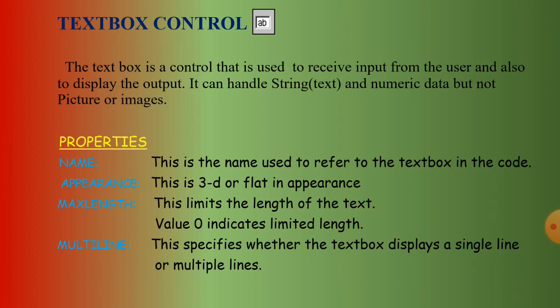So for every text box, if you want to print the output in multiple lines, select the text box, go to the properties and make the text box multi-line. This specifies whether the text box displays a single line or multiple lines. By default it will be single line.